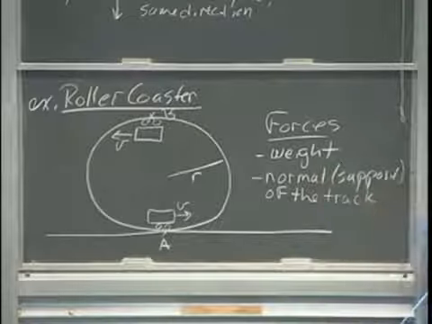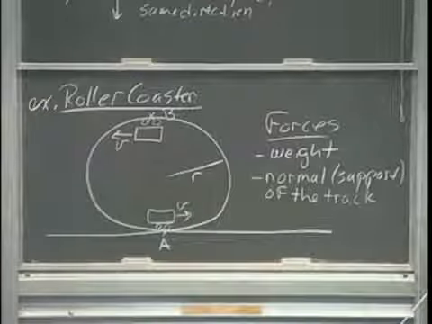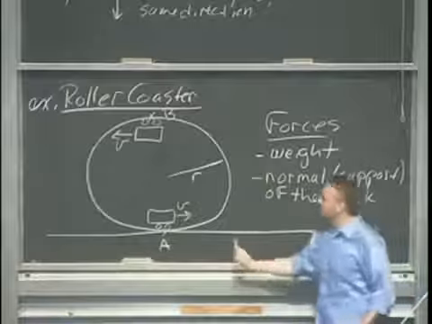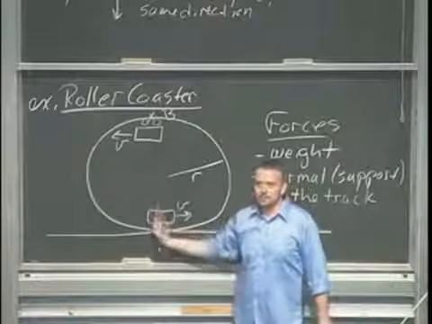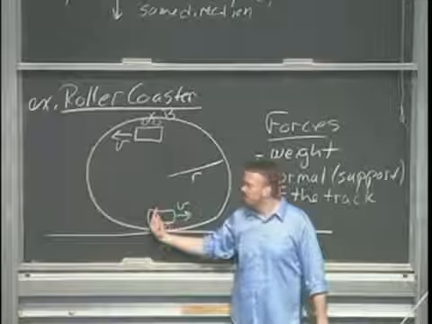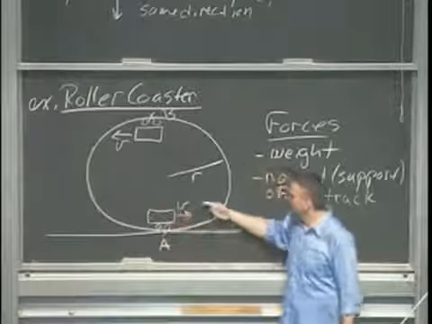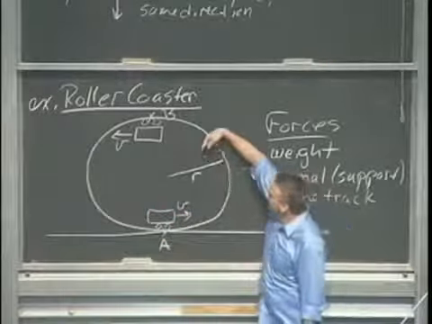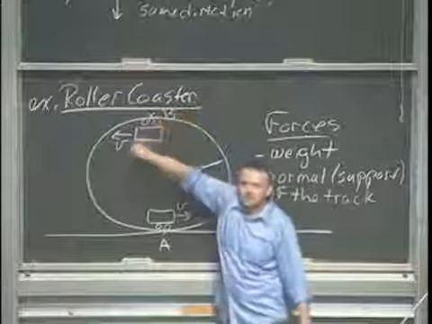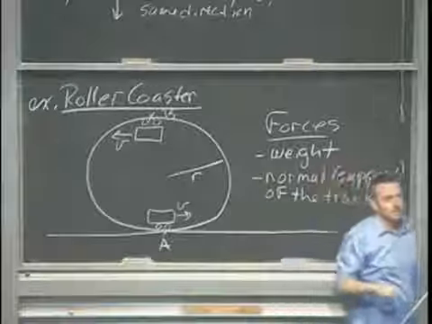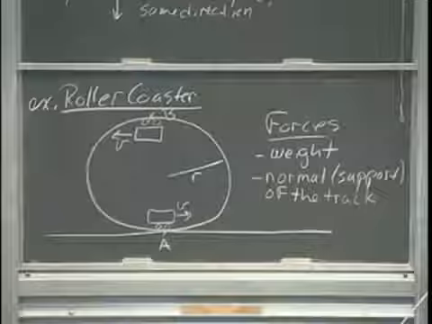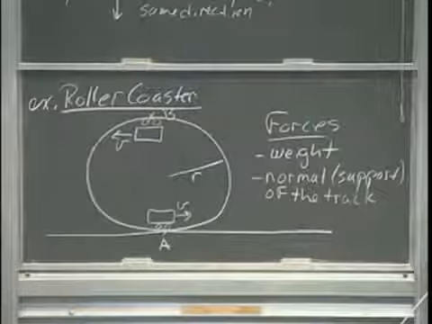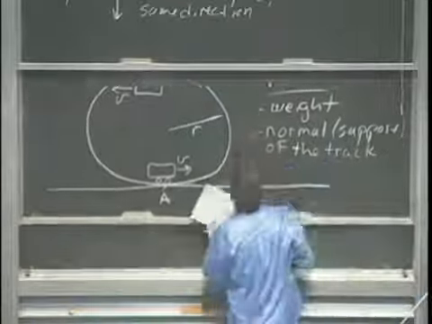Remember, normal force is always directed perpendicular to the surface. So when the car is sitting on the track, the normal force down here at the bottom must be directed upwards. And as it goes around the track, the normal force is always perpendicular, so it's going to be changing direction as the car moves. Okay, so let's look at the forces on the car at those two positions.